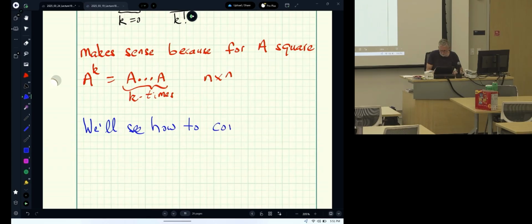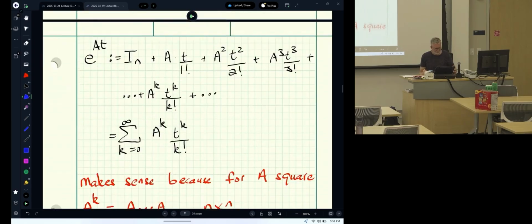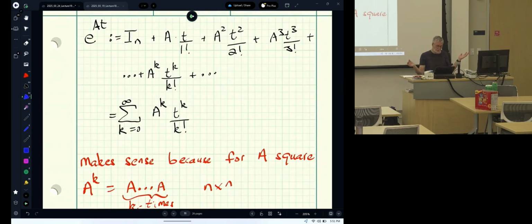We'll see how to compute this in Julia shortly. Okay, but I think everybody in this room can write a for loop. And that's what a sum is. And no, you're not going to sum it up to infinity. You'll choose some large n and stop. And we'll see that that works, okay?